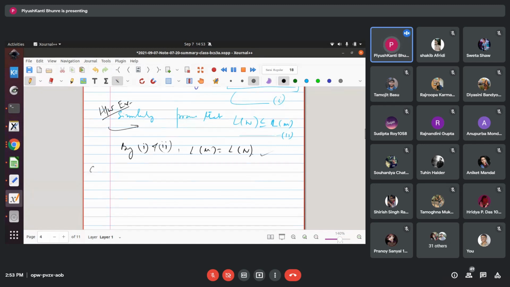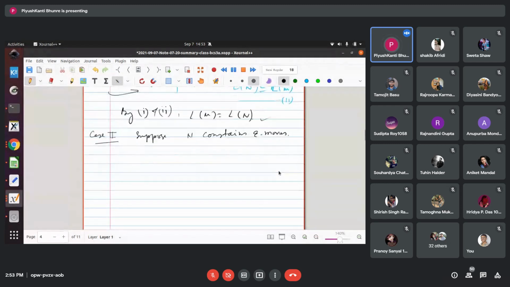So case 2 will take, suppose N contains epsilon moves. Okay. So in this case, we modify slightly two things. One is the start state, another is the transition function.